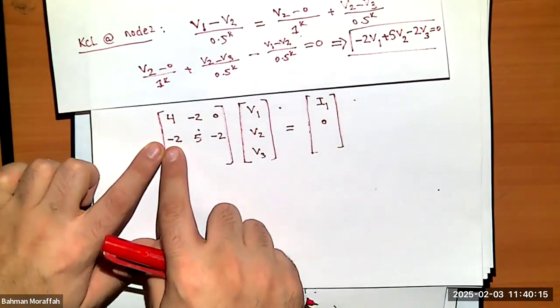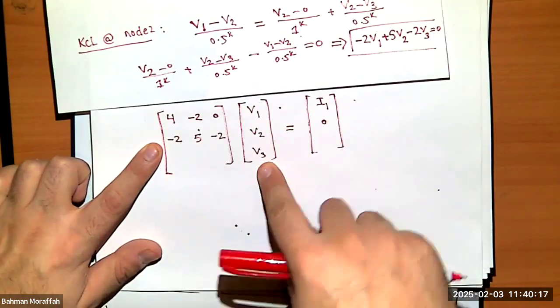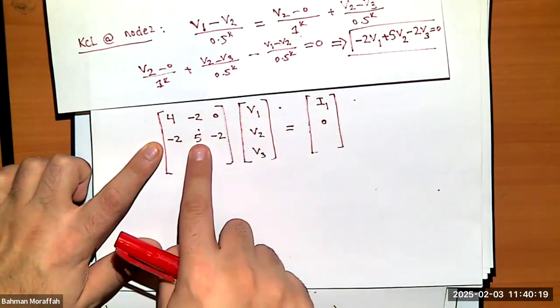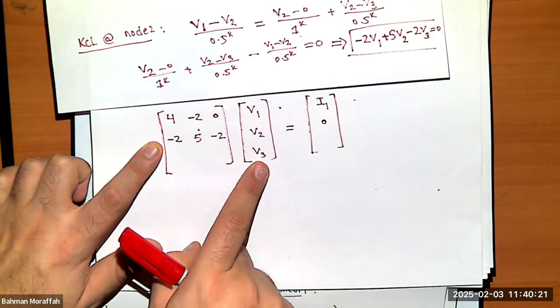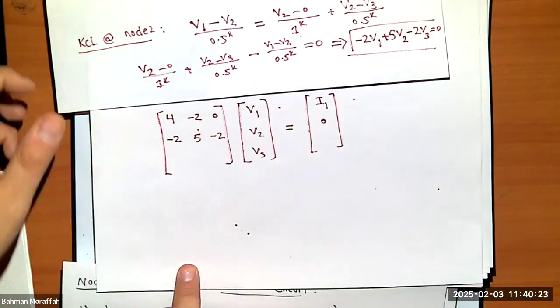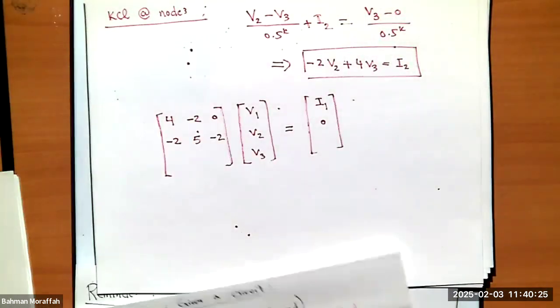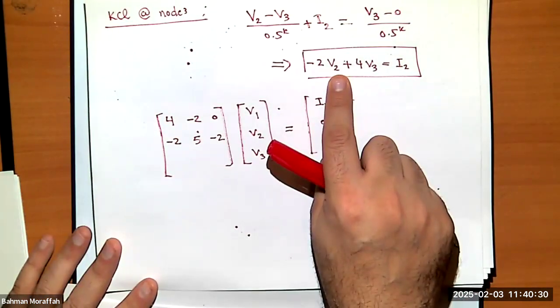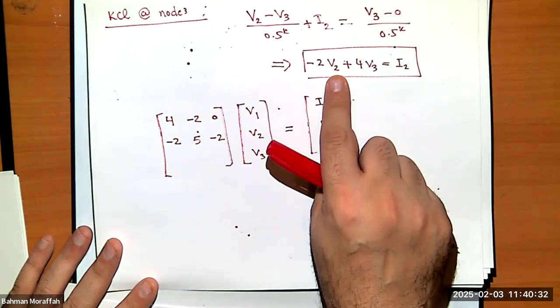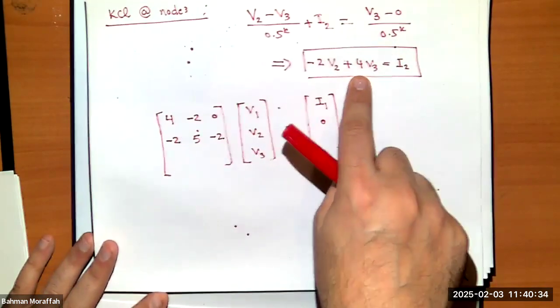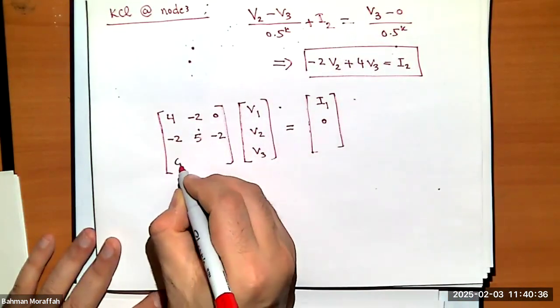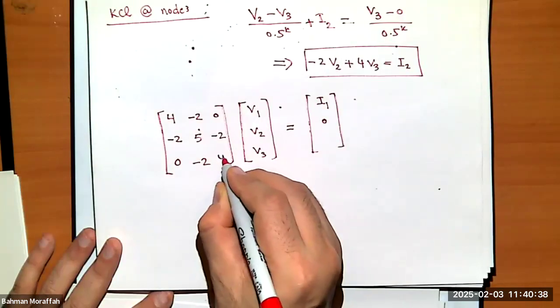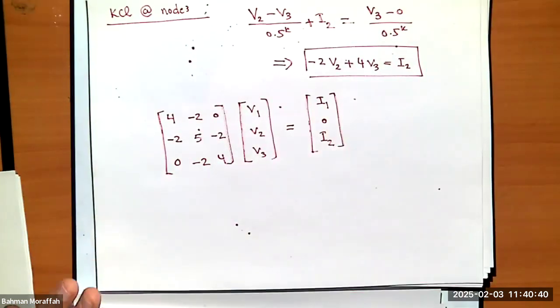Again, let's check it together. I have this thing that should be multiplied by this guy, so I have minus 2 V1, 5 V2, minus 2 V3. That should be 0. And the last equation I got is 0 times V1 minus 2 times V2 plus 4 times V3. That should be I2. So it's 0, minus 2, 4, and that should be I2.